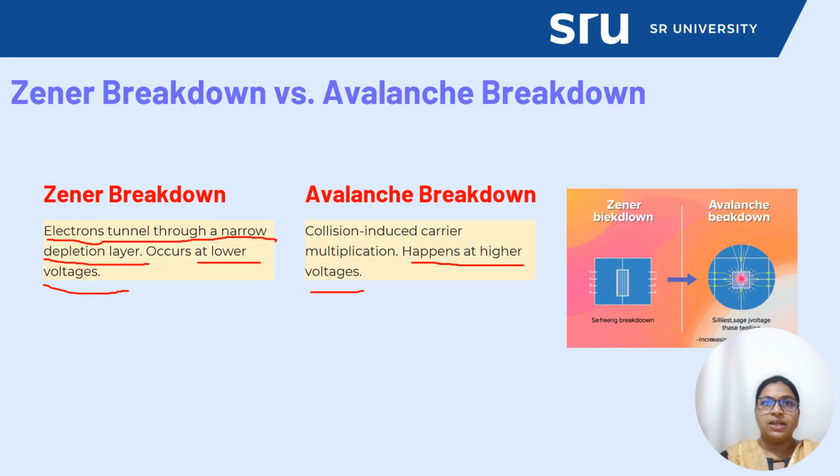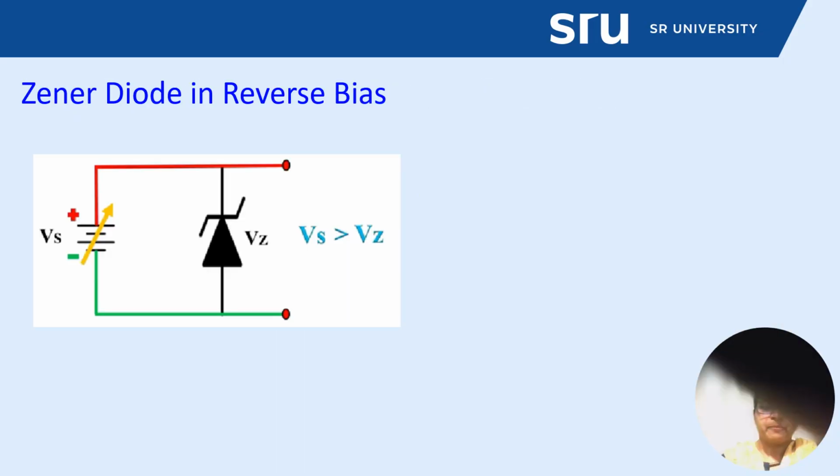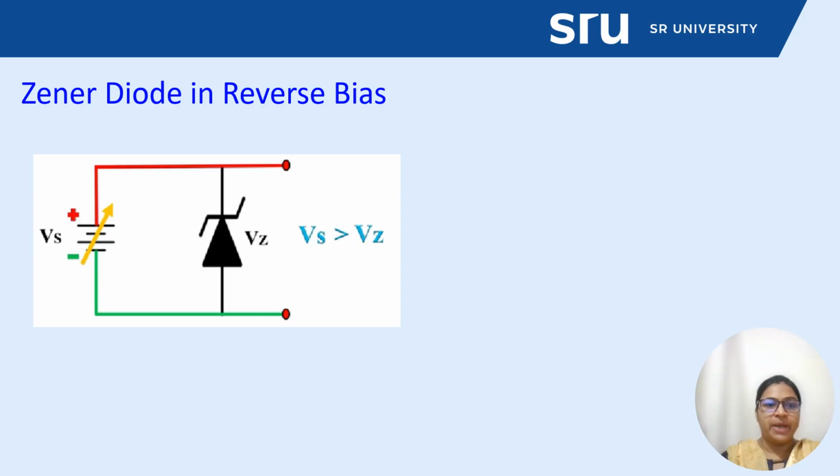Now we'll see the Zener diode in reverse bias. How is the Zener diode connected in the circuit, in reverse or forward bias? Since the Zener diode is a very special and somewhat sophisticated diode, if we connect it directly to the input source, fluctuation may damage the system.